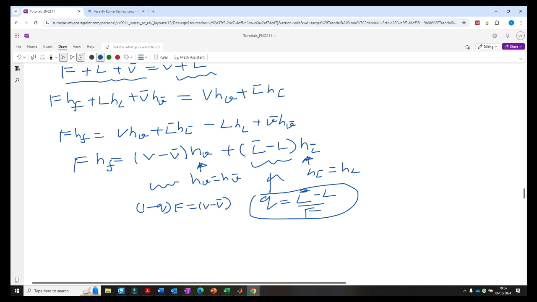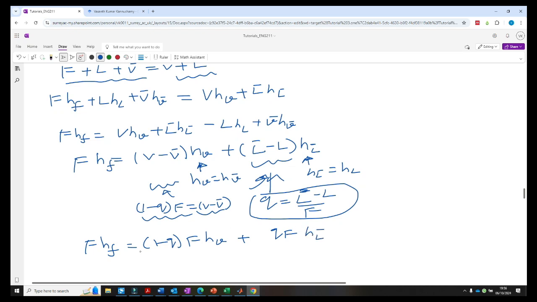So plug in these values here: for V minus V dash, substitute 1 minus Q multiplied by F. For L dash minus L, substitute QF. So FHF is equal to 1 minus Q times F times HV, plus QF multiplied by HL dash.